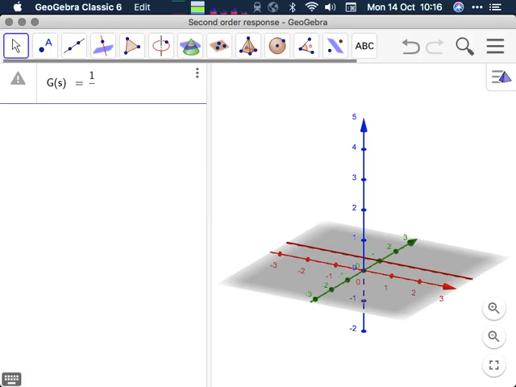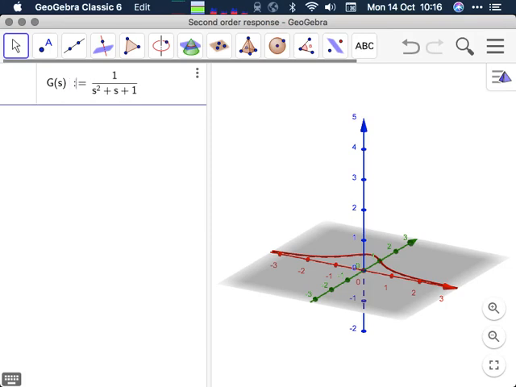So I'm just going to take s squared plus s plus 1. That's an easy one to imagine. I'm going to define that, which in GeoGebra means I'm using a colon equals.